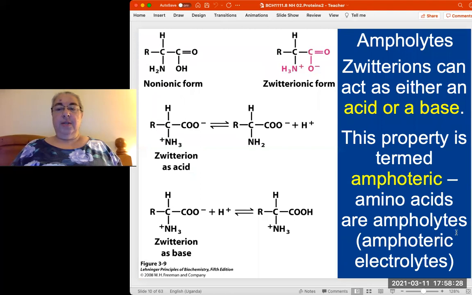So zwitterions can act as either an acid or a base. I hope you remember the definitions of acid and base. An acid is a proton donor and a base is a proton acceptor. Okay, so in an amino acid in its zwitterionic form, the proton can leave the amino group. It's a proton donor and it can be accepted by the carboxyl group.